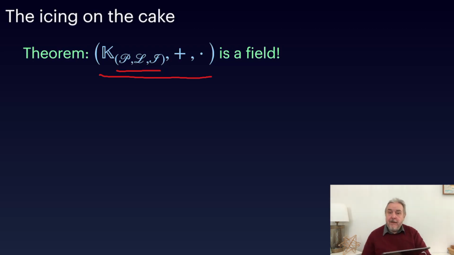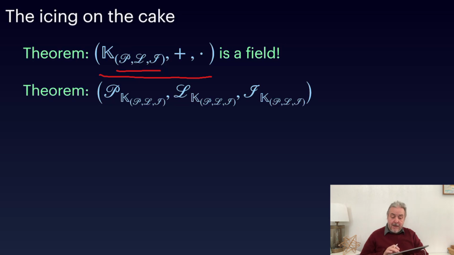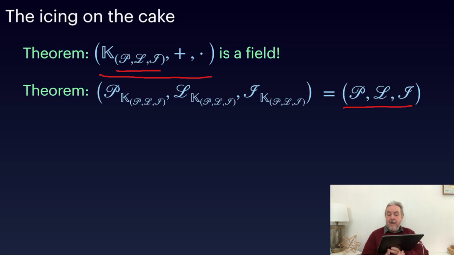If we have a field, this means we can construct a projective plane from that field. So let's take that field and construct a projective plane from that, and it turns out that this plane is essentially, up to isomorphism, our original projective plane we started with.